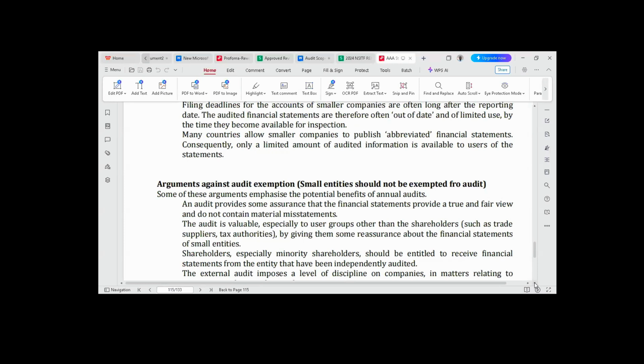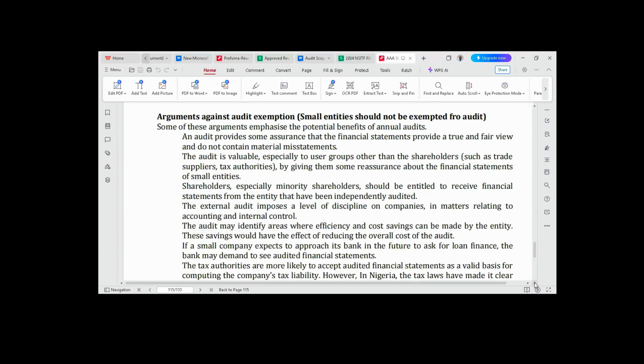Then another argument against audit exemption is that by performing an audit of financial statements, it serves as what? As a deterrent. Deterrence to what? To people that want to perpetrate fraud. Oh, somebody is going to come after me if they check my books and my books are not correct.